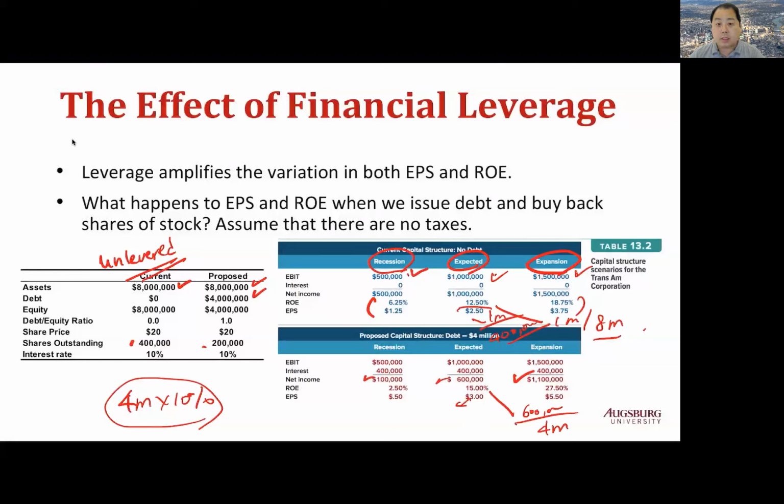EPS is $3, again $600,000 net income divided by 200,000 shares outstanding. In recession, ROE is 2.5%, and EPS is 50 cents. In expansion, ROE is 27.5%, and EPS is $5.50.